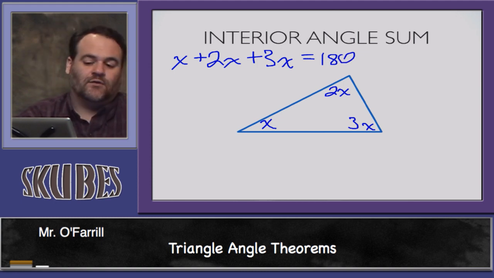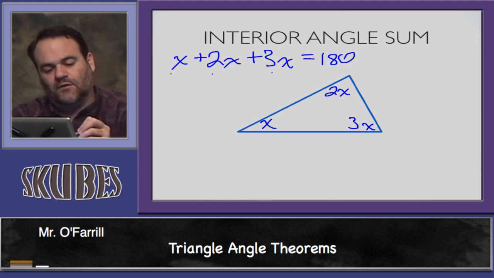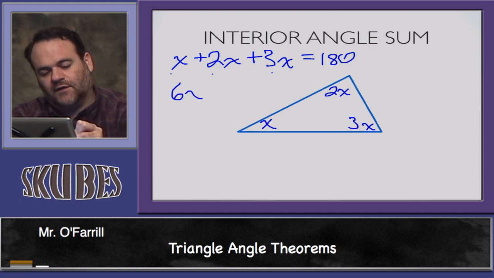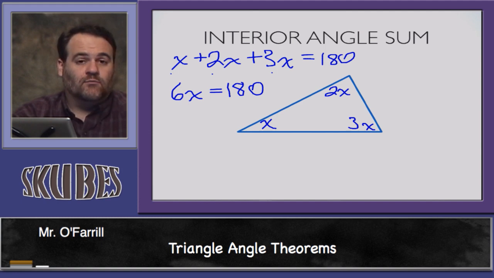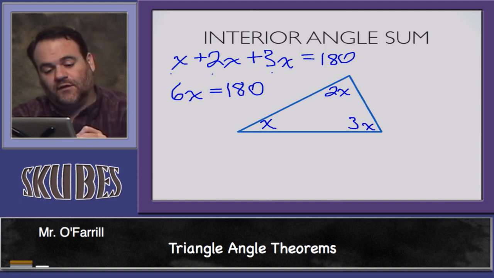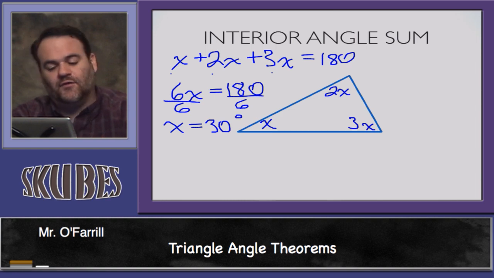Combine like terms. We have 3 plus 2 plus 1, or 6x equals 180. Divide both sides by 6, and we find that x is 30 degrees.